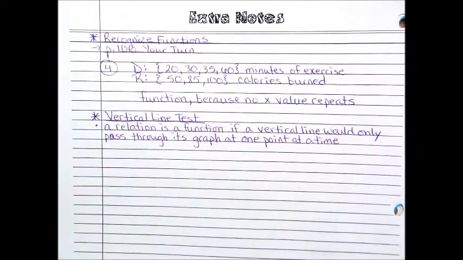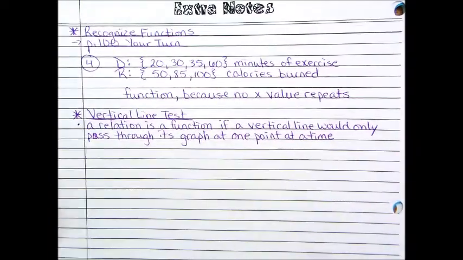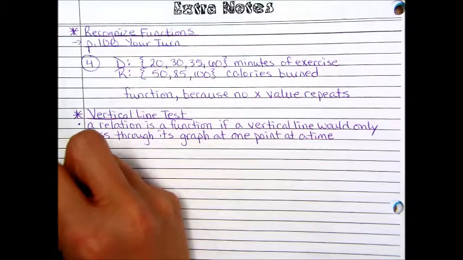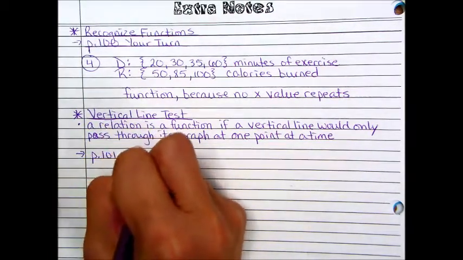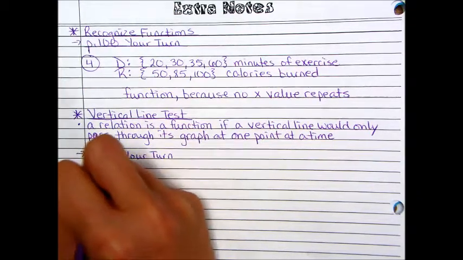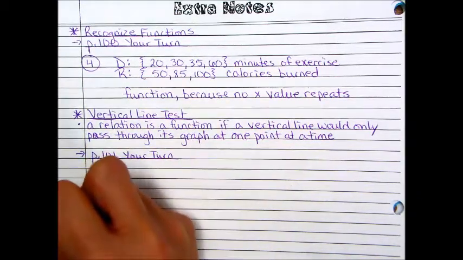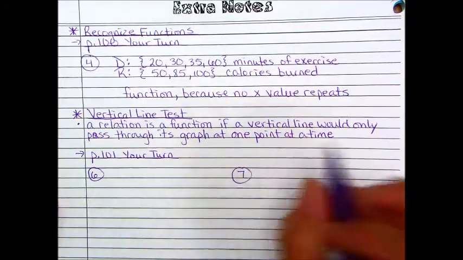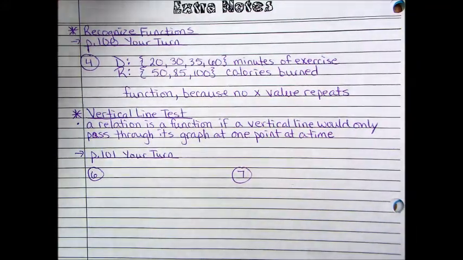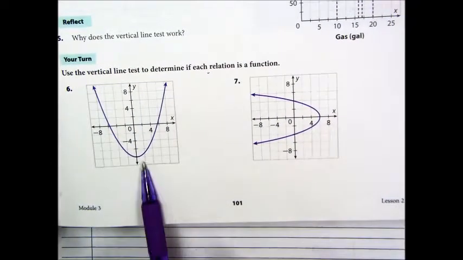So to illustrate this, we're going to take a look at a couple of the drawings that were already graphed out on page 101 of the textbook. If you look at page 101, you're going to see graphs 6 and 7 down at the bottom of the page that look like this.